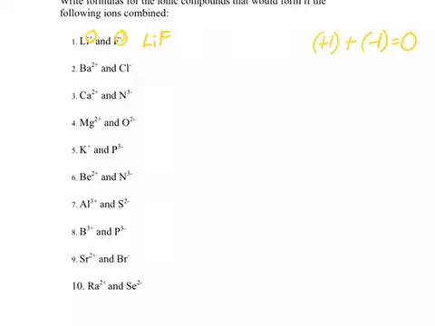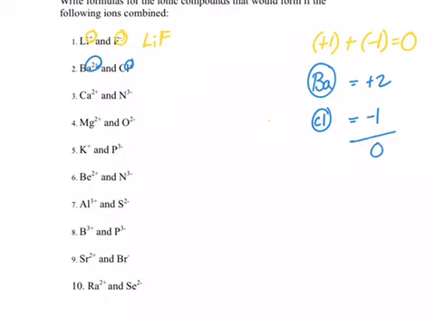So we're going to do the same thing. Barium has a charge of 2, chloride has a charge of 1. That means that if I have one atom of barium, I have my charge of 2. But if I only have one atom of chloride, I really only have -1. I need to bring this to a -2 so that my net charge will become 0.